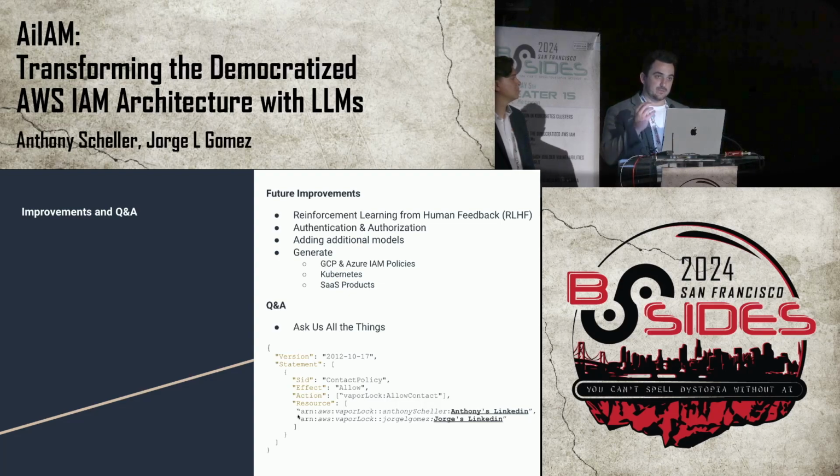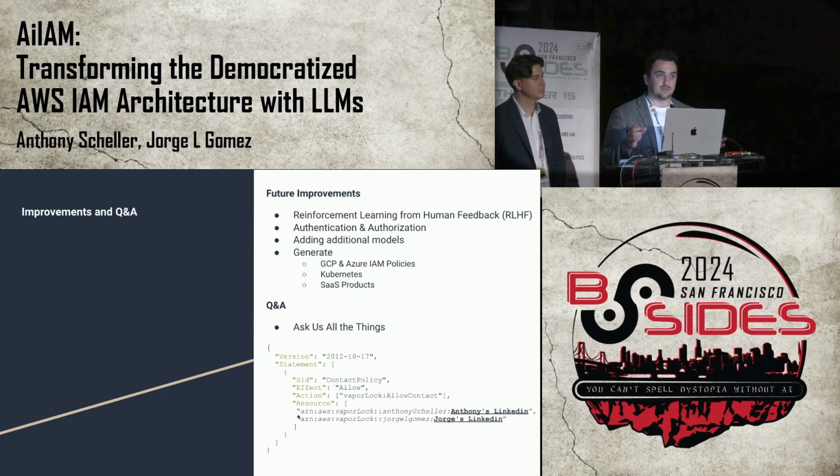We have the response, the IAM policy that got returned to the user, and once we get that reinforcement learning from human feedback, we can determine if it was good, not good, or indifferent depending on the user feedback. Then we can start storing all that data, and specifically on the OpenAI GPT 3.5 side of things, we can start fine tuning that model based off of that data.